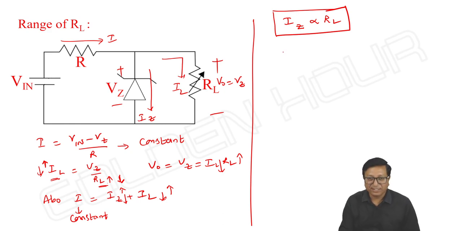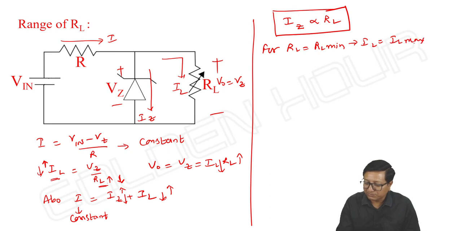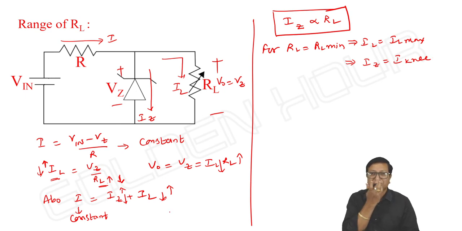So what I can write here is, first anyway I is constant, so let me write for RL is equal to RL minimum, IL is equal to IL maximum, for which IZ should be equal to its knee current, IZ minimum, okay, which is known as knee current.